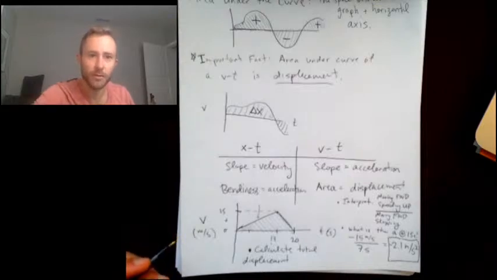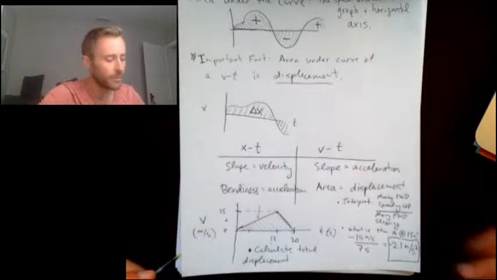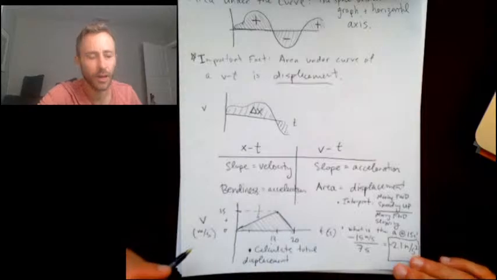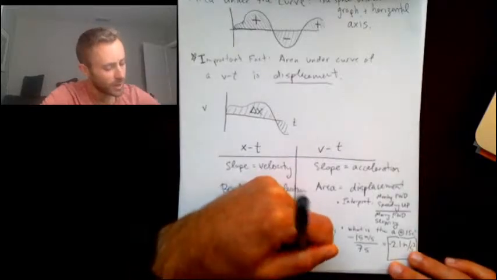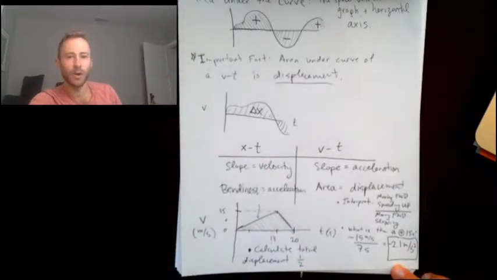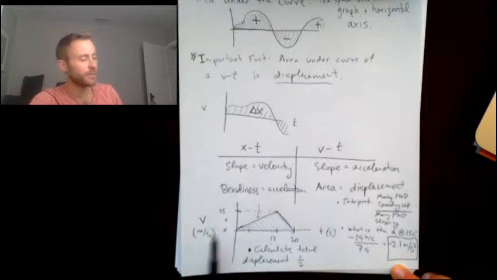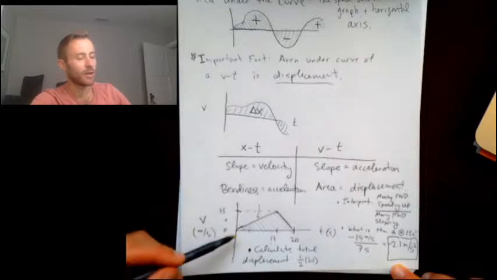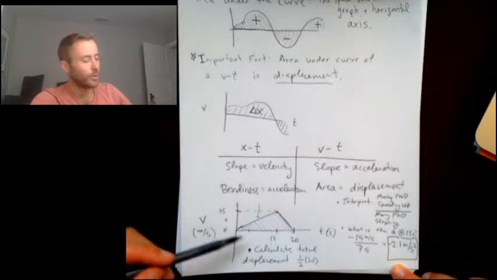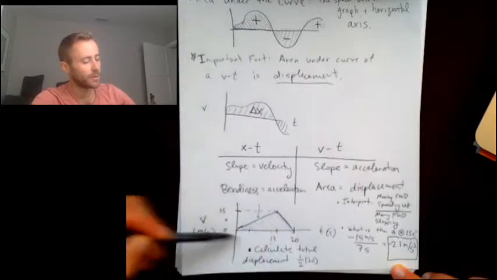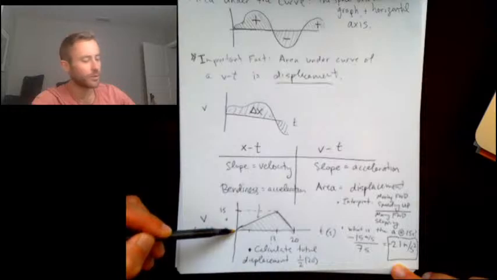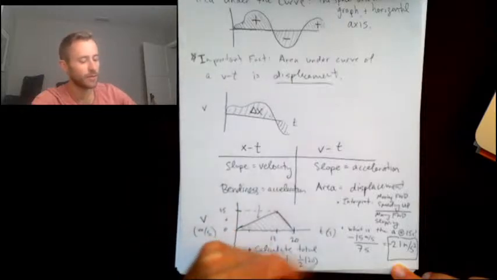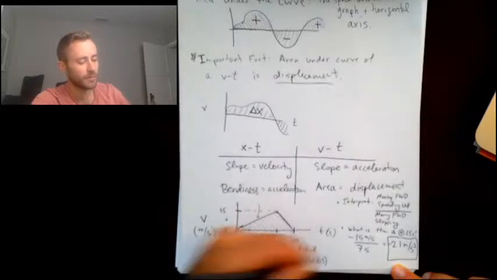So the formula for the area of a triangle is 1/2 base times height. So the displacement is going to be 1/2 times base. This triangle is 20 seconds wide, times height, which is, you can see this triangle goes from 0 up to 15, so 1/2 times 20 times 15.